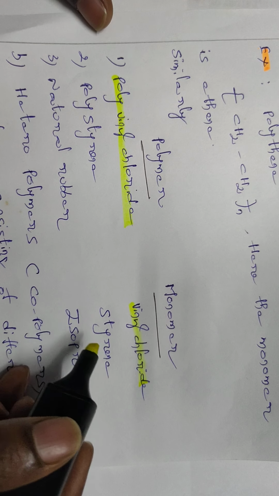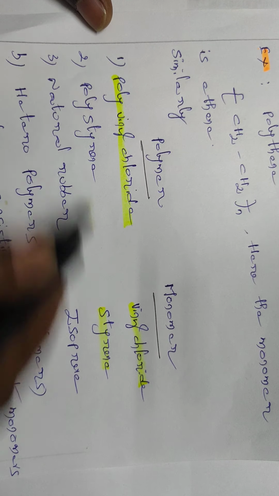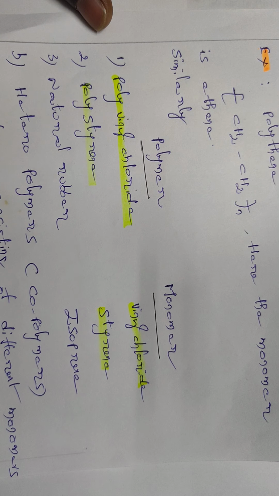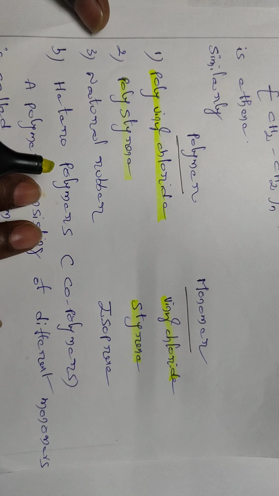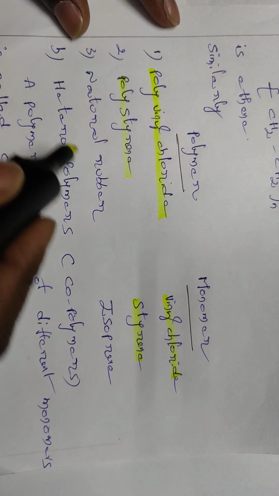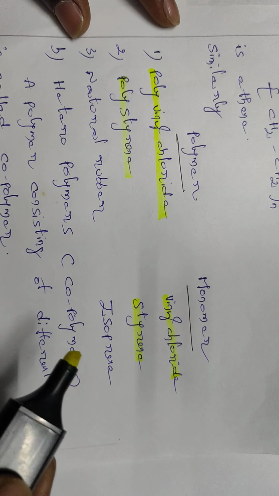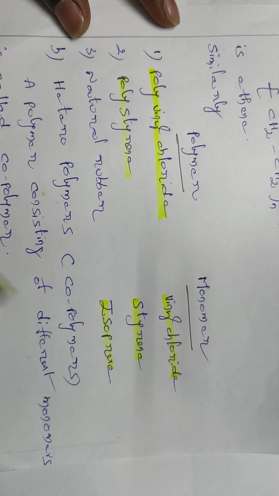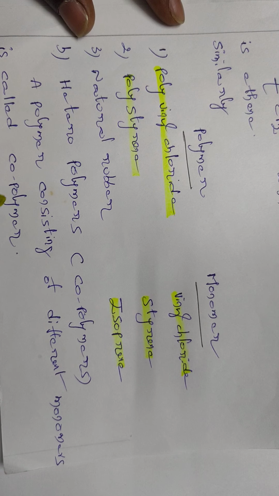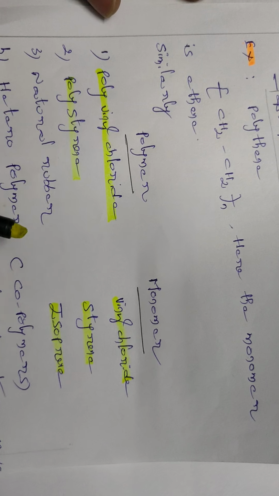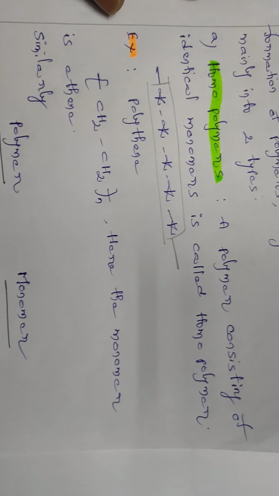Similarly, the combination of several styrene molecules produces polystyrene. It is also a homopolymer. And natural rubber. On experimental verification, it was found that natural rubber is a polymer of the monomeric unit isoprene. So these are the examples for homopolymers.